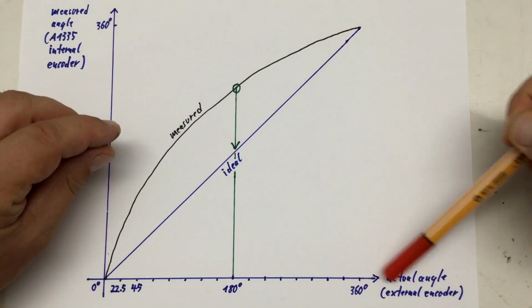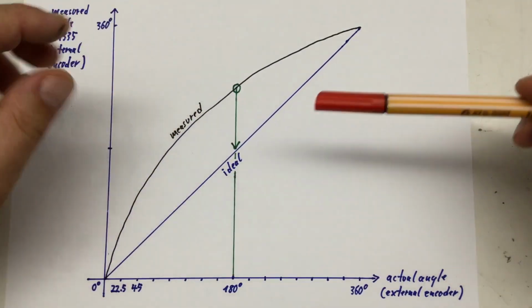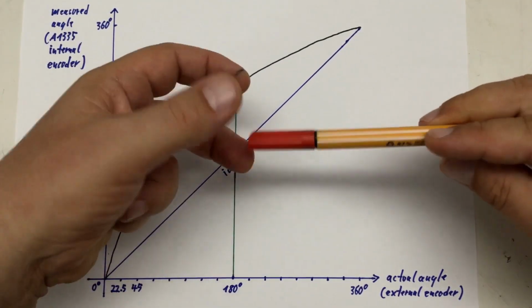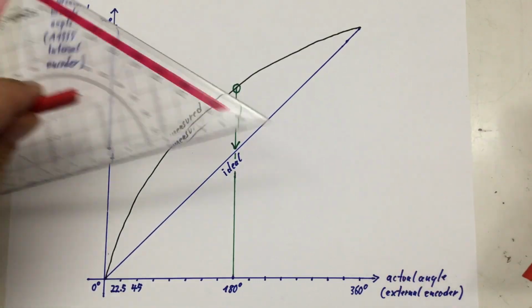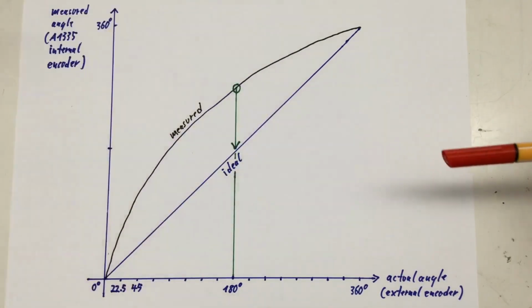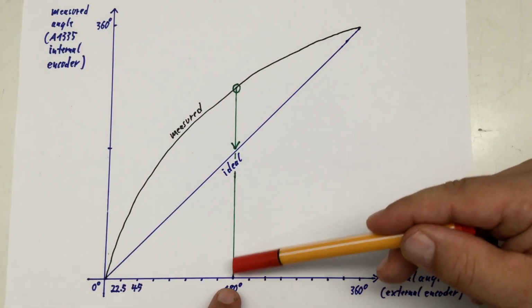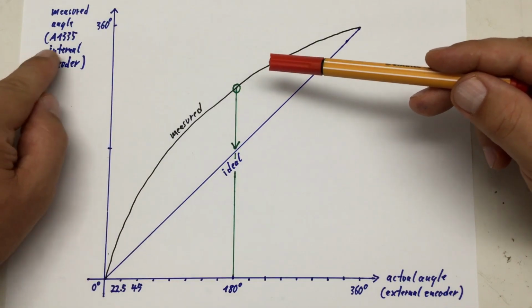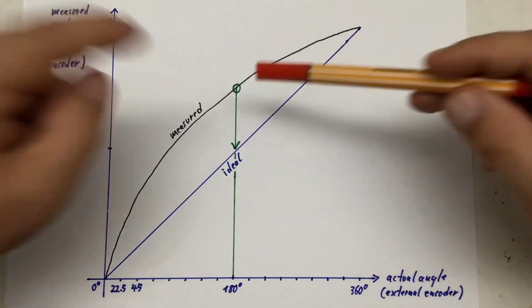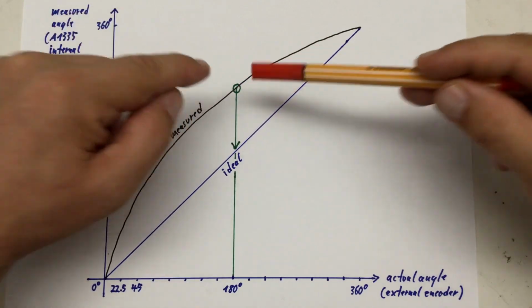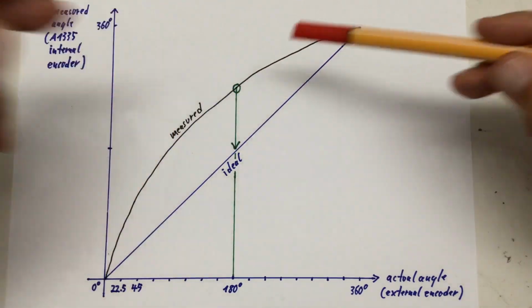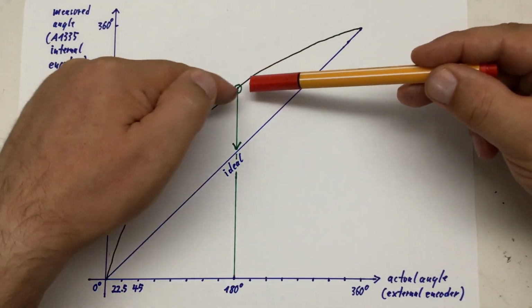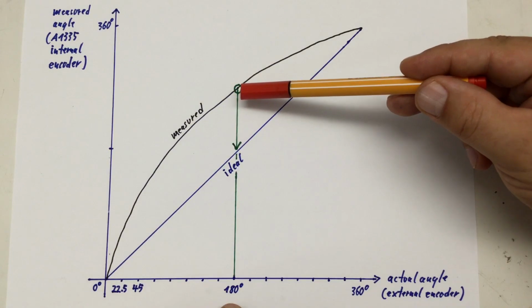When using an external encoder, so the most common method, we simply turn the whole assembly to a known position using an external encoder. Something like that, for example. And then at this position we read what's the actual output of the A1335. And that's our correction coefficient, because if we give that information to the A1335, it knows if I get that reading, we are really at 180 degrees.